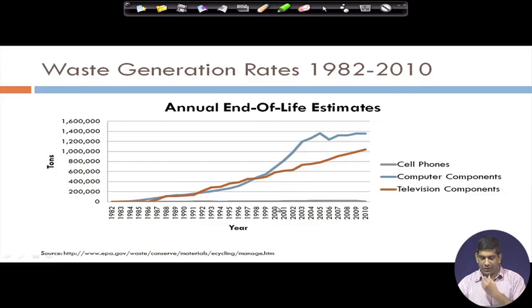In terms of electronics, we didn't see much cell phone waste until 2010, but computer components and television components were much higher.